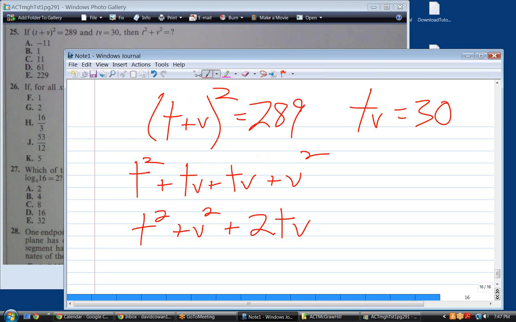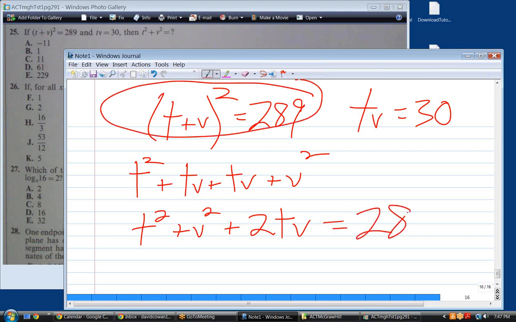Actually, I have one tv. Okay, so, and they've told us that this whole thing is equal to 289, so I can say that's equal to 289. And they want to know what this is equal to.